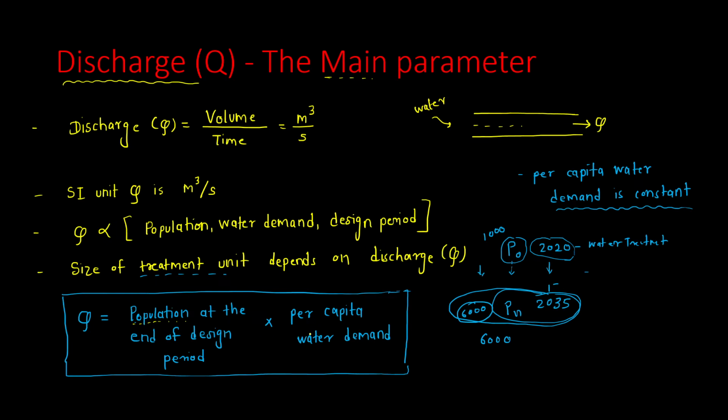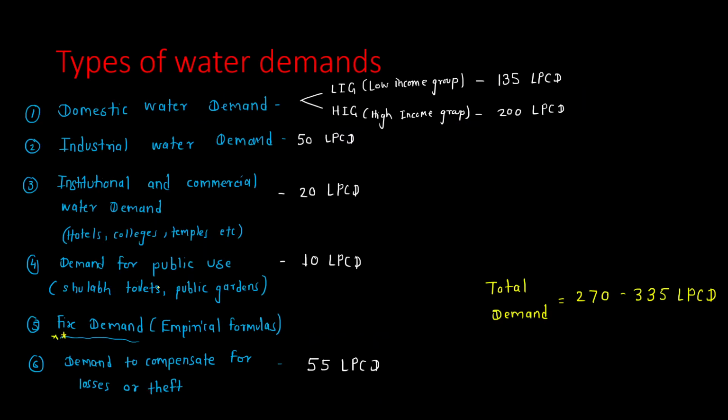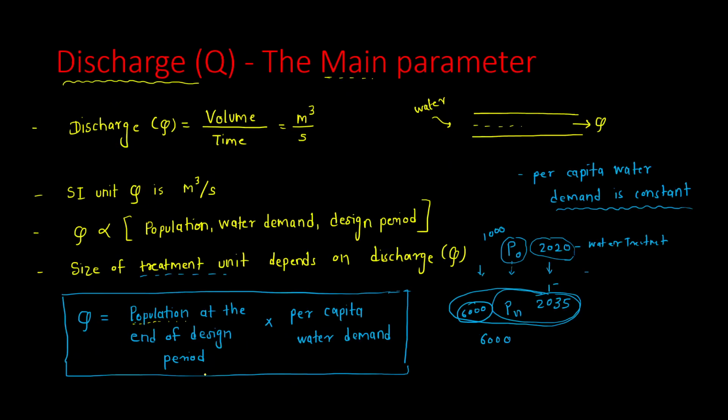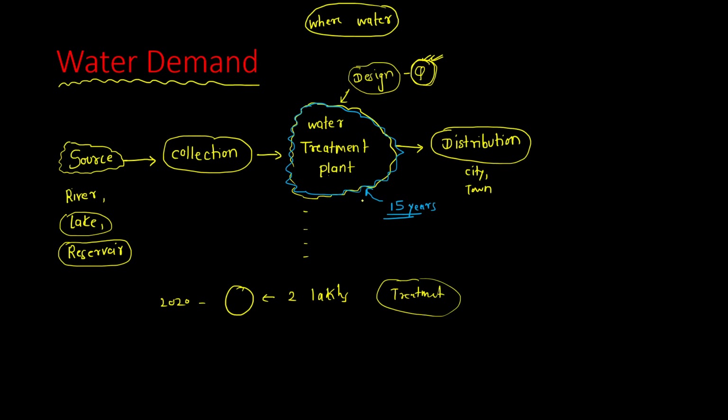This per capita water demand is constant, but this population will vary. So for what value should this Q be designed? This Q should be designed for the highest value, that is after 15 years. After 15 years, whatever is the population, for that population you have to design it.